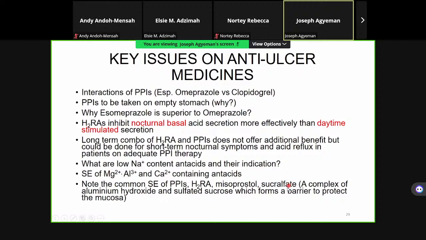Sucralfate, I said, works just like the mucus. It forms the barrier that protects the mucosa. So in one combination, you may have sucralfate and two antacids, magnesium and aluminum. Then at times they even add simethicone, an anti-foaming agent, so that the accumulated gas will be dispersed and you don't get bloated.